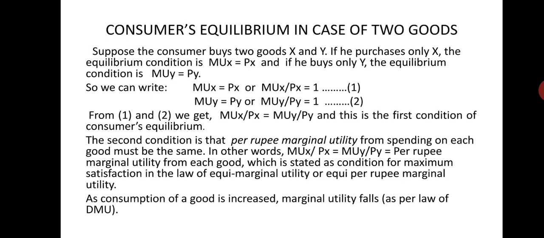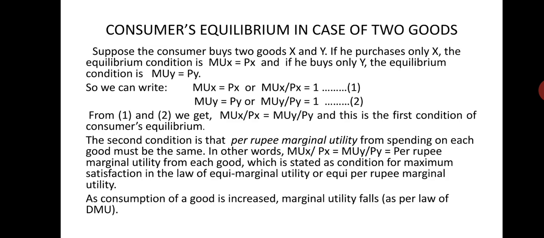As we have already discussed, the equilibrium condition is MUX is equal to PX. And if he buys only Y, what is the equilibrium condition? The equilibrium condition is MUY is equal to PY. Marginal utility of Y is equal to price of Y.